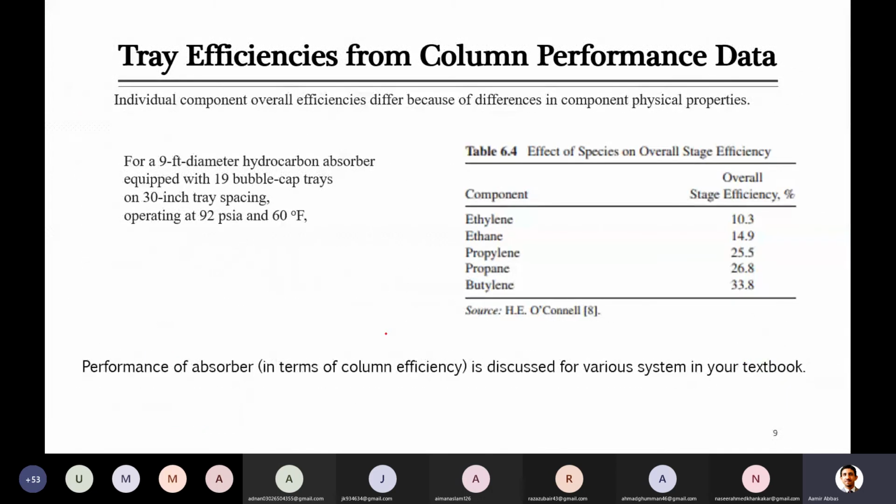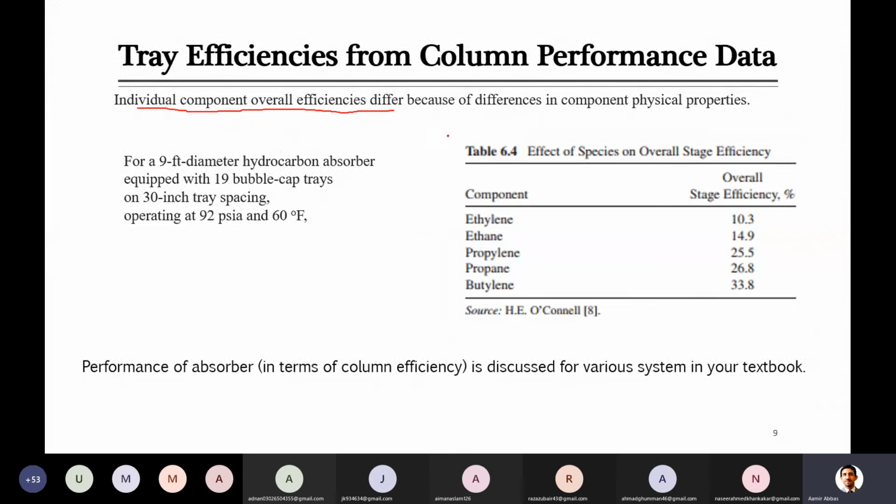Here, some scientists have collected data from a number of columns which were performing separations. They have seen that even for the individual components removed in the same column with the same specifications, the efficiencies vary.